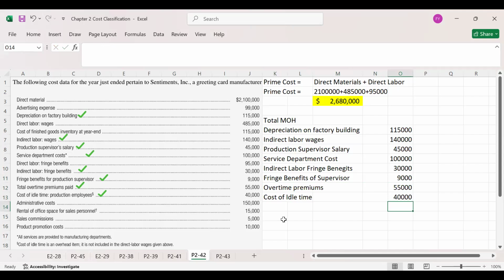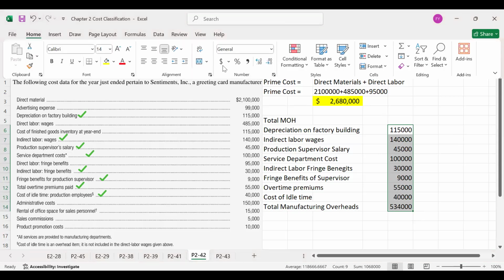So by adding all these, we will get total manufacturing overheads. So total manufacturing overhead will be $534,000. So this is your second requirement.